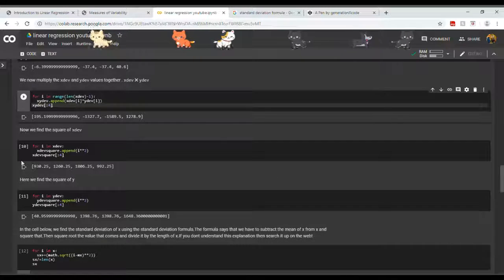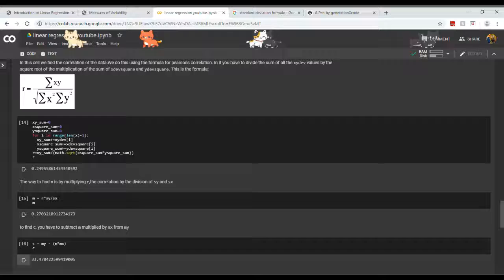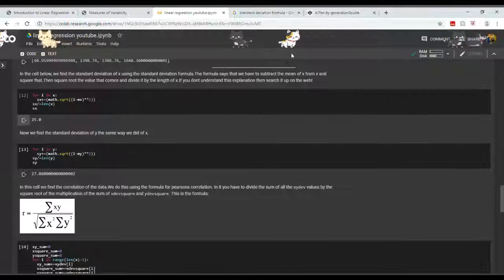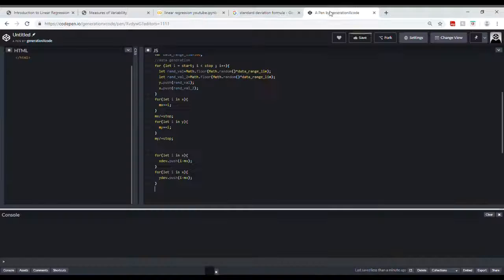After that's x dev square, y dev square, standard deviation, correlation. I hate correlation. Okay, so for let I in, you can't do that.